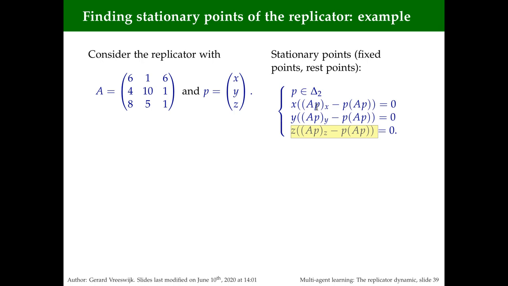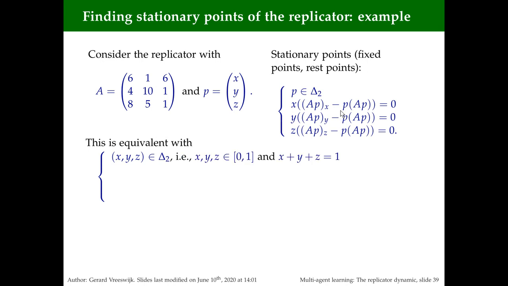So for which x, y, and z is that the case? Well, we have to have x, y, and z in the 2-simplex, which is to say that they must sum up to 1 and be larger than 0. And the first equation says x dot is 0. Well, it's a product, and if a product is 0, then either of the 2 factors must be 0, or both must be 0.